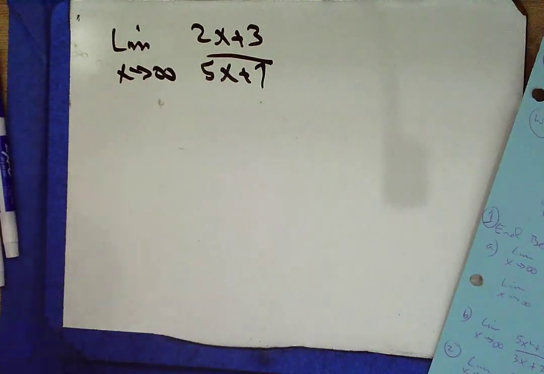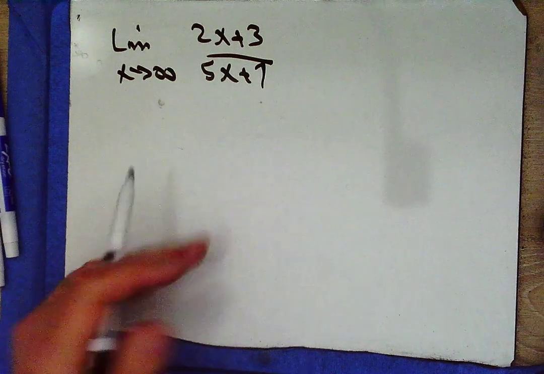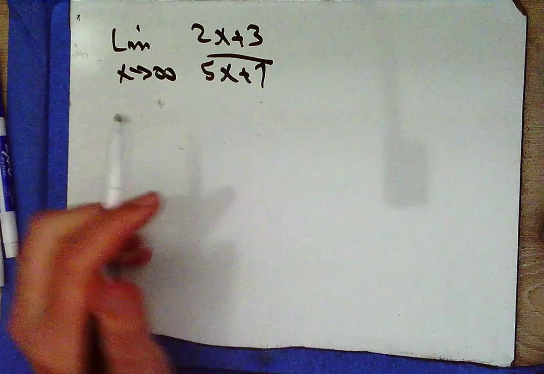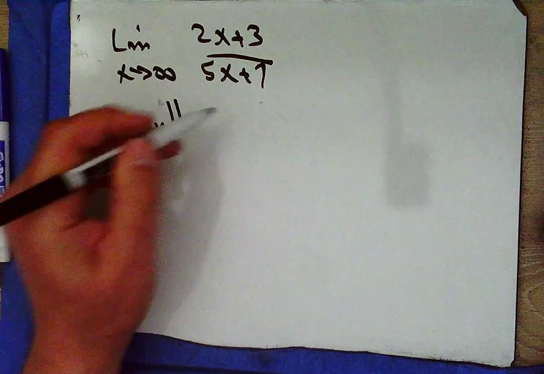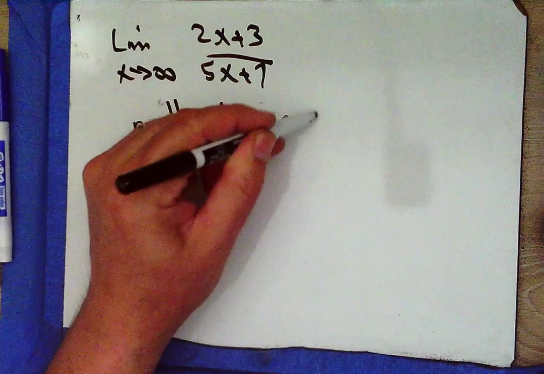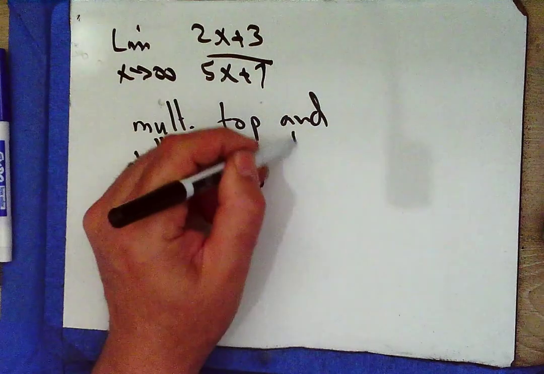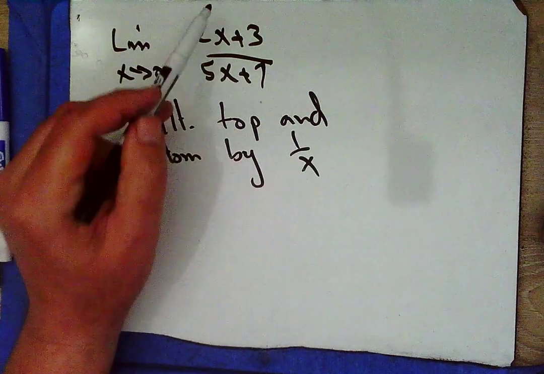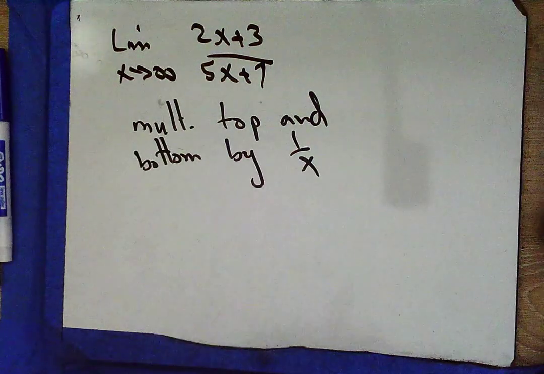So now, because we have to show some sort of calculus, some sort of relationship evaluating this limit, I want to multiply top and bottom by 1 over x, because these are x's. Now, if these were x squareds, I'd be doing 1 over x squared. Okay? We'll do that one next.